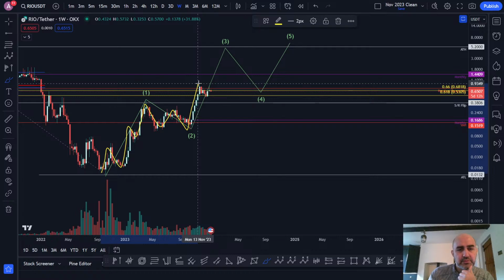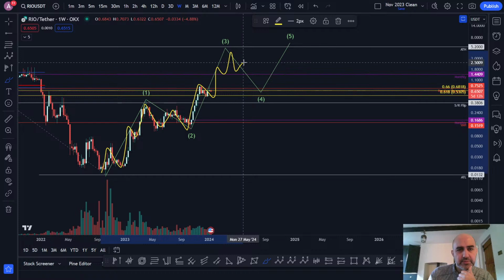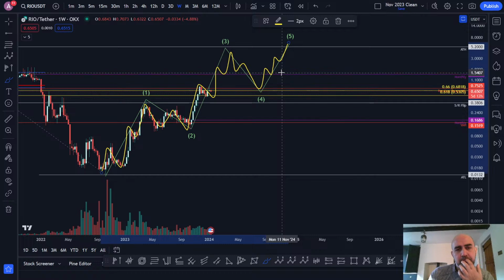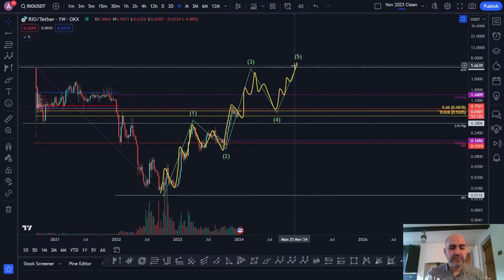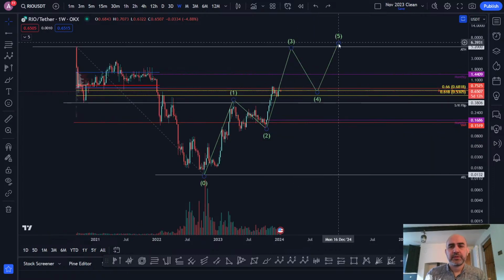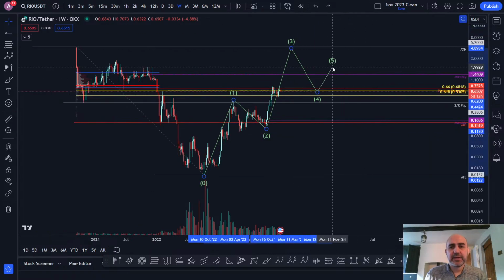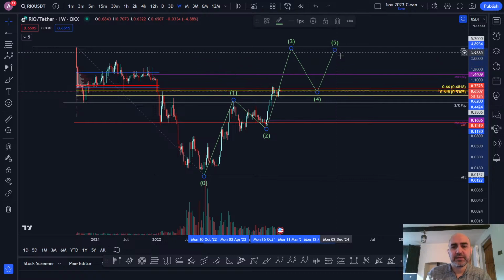1, 2, 3, 4, 5, A, B, C. 1, 2, 3, 4, 5. Don't know how far that 5 will go. Could be like that, could be up there, could be lower. Doesn't really matter.